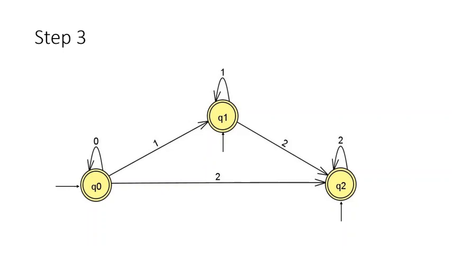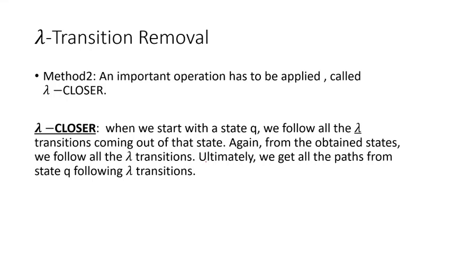The next method is also useful in the conversion of NFA to DFA, since not only is lambda transition removed in this method, we can also reduce the number of unnecessary states. For that, we have to understand an important operation called lambda closure. What is it all about?